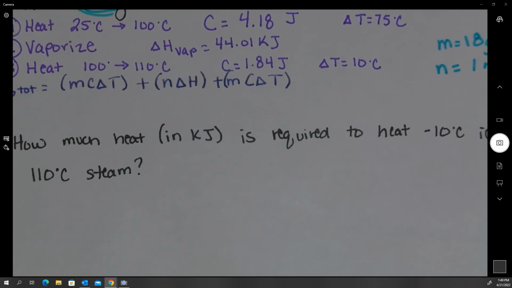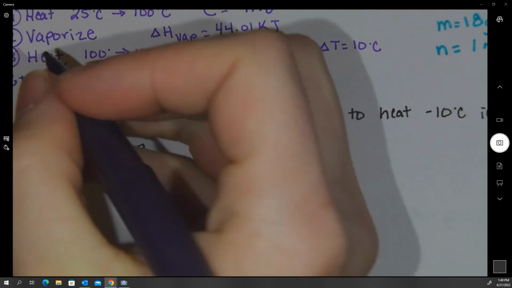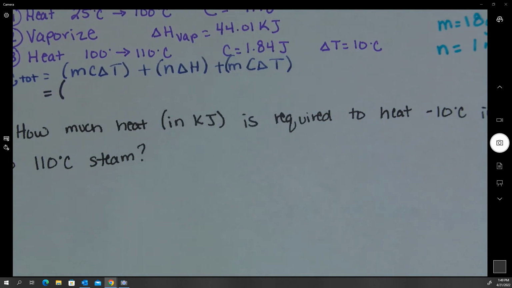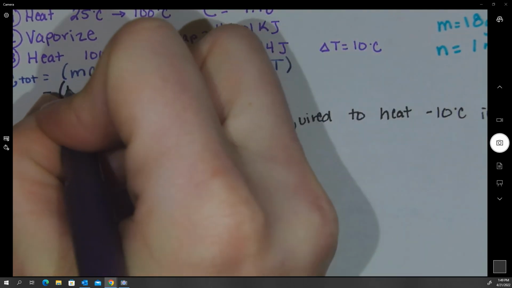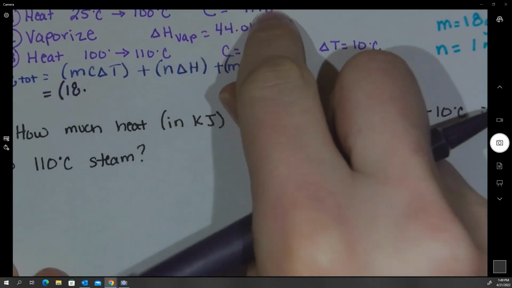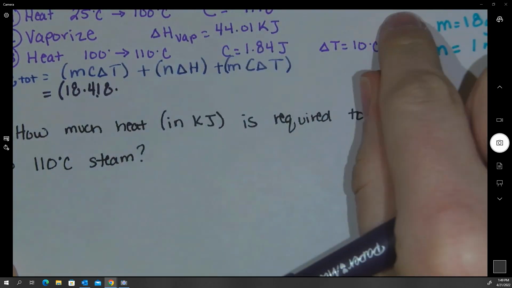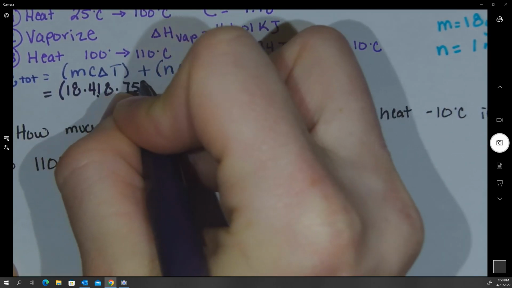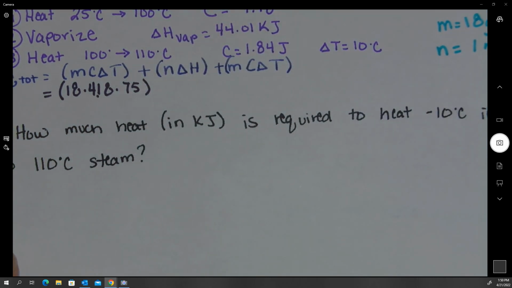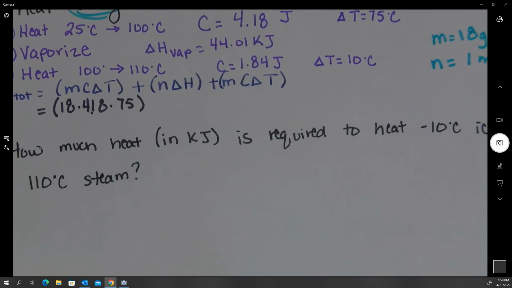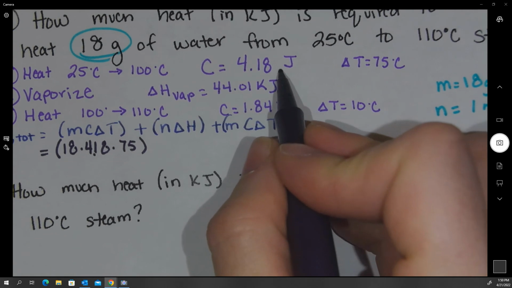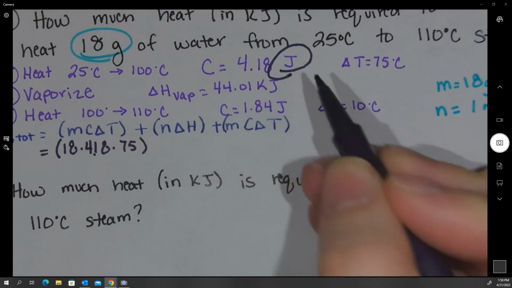The third step is to just plug and chug. So my first parenthesis is going to end up being 18 times 4.18 times 75. What am I going to write under this one? J or KJ? J, because this one is specifically working with joules.